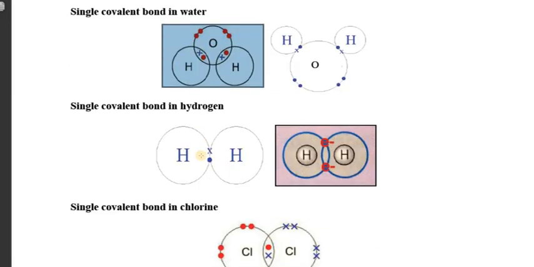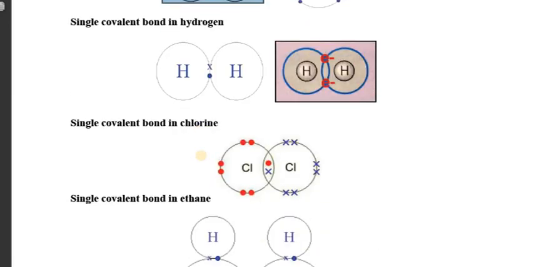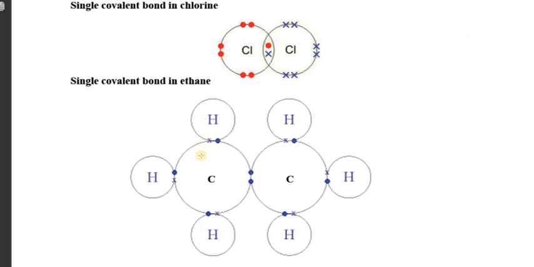In hydrogen again, single covalent bond. In chlorine, single covalent bond. In ethane, this is now a complex covalent compound, but even though it's complex, it still has only single covalent bonds, because between the hydrogen and the carbon just 2 electrons are being shared.